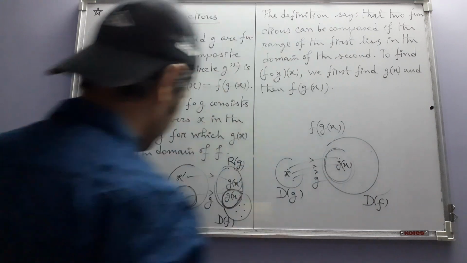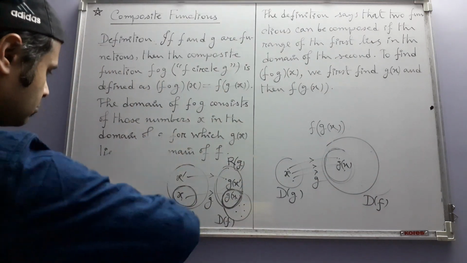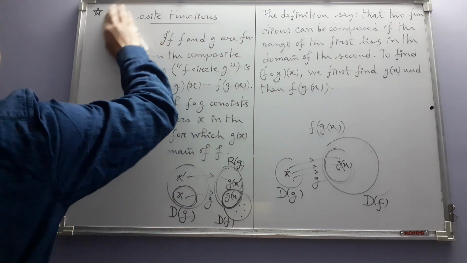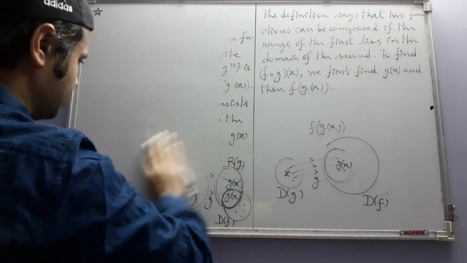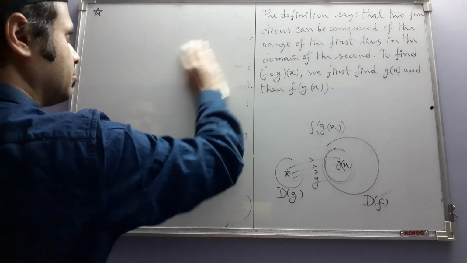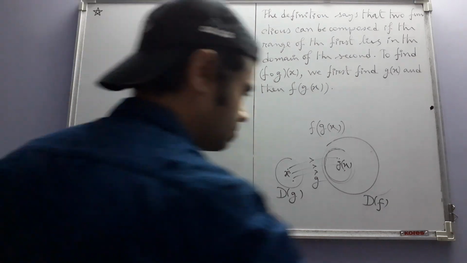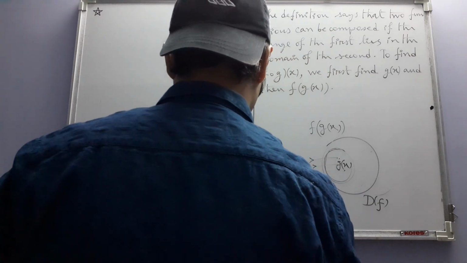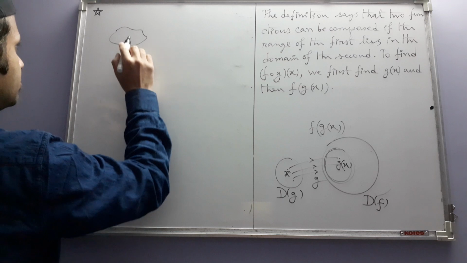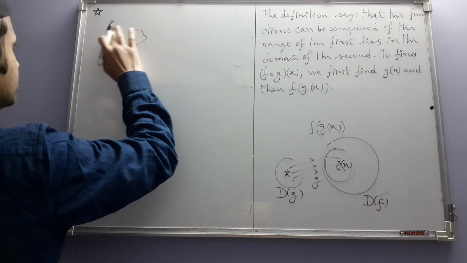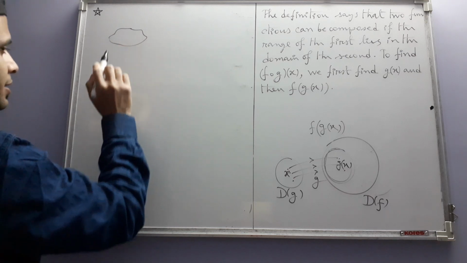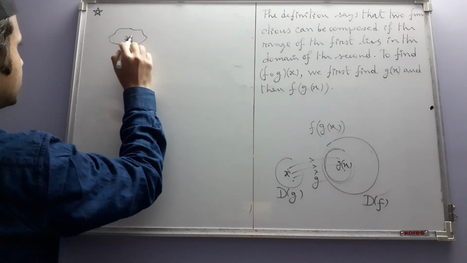And there is a diagram, which is actually this thing itself, that appears after this. In that diagram, we just have a sort of irregular region. This is the place from where x is coming.